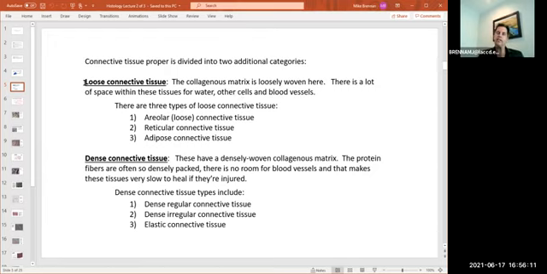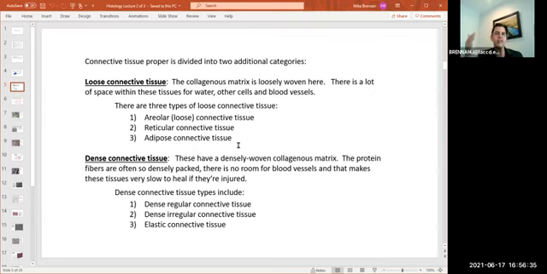Okay, so connective tissue proper itself is broken down into 2 main groups, loose connective tissue types and dense connective tissue types. They're categorized on basically how dense is the weave of collagen fibers. Is it open and loose like cashmere or a cardigan knit sweater?